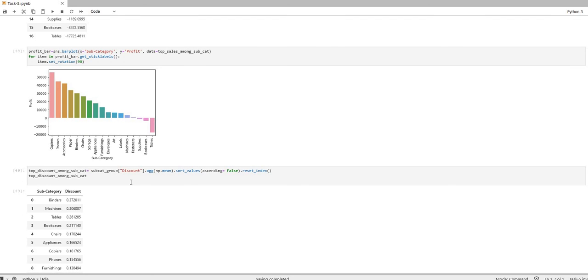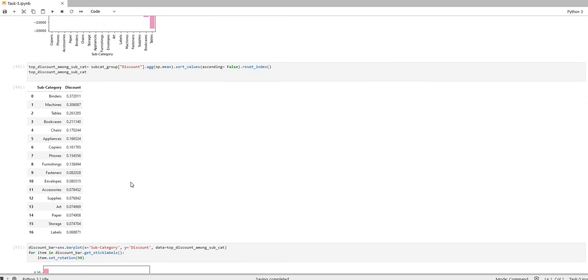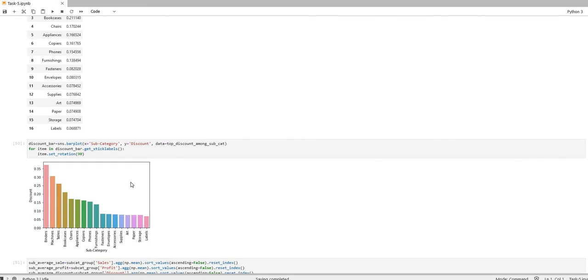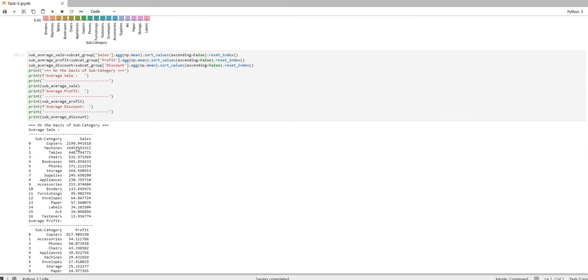I have done the same thing here which I did with the city group. It is clearly visible that copiers have the highest profits whereas machines have high loss.